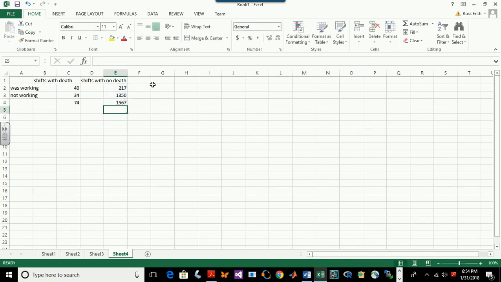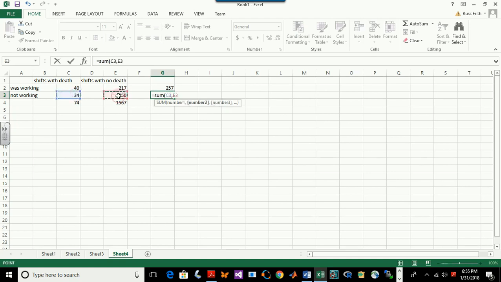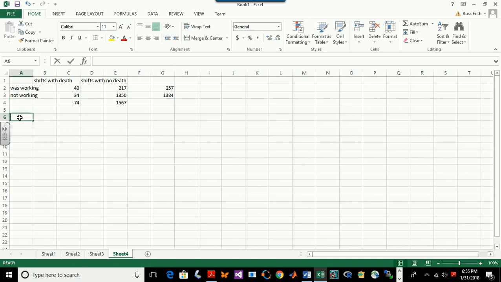And so the totals here would equal, so those are our totals. So we have observations: 40, 34, 217, 1350.